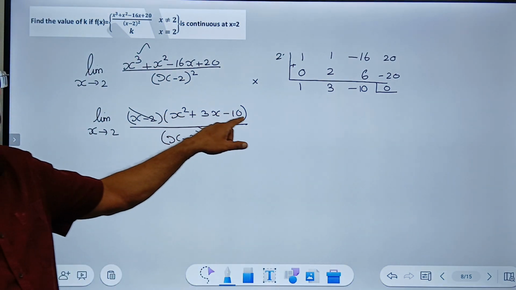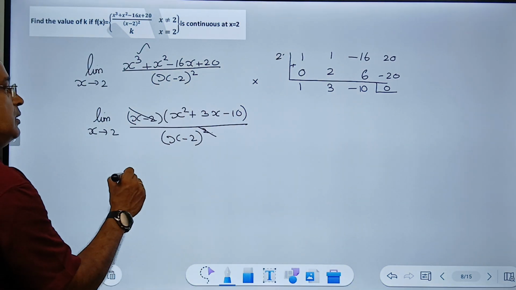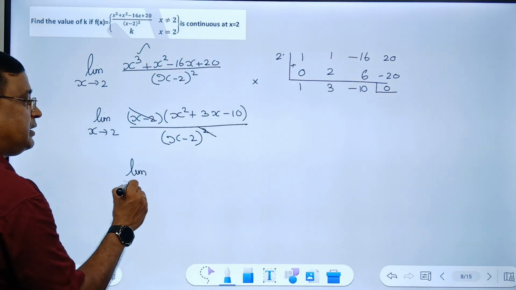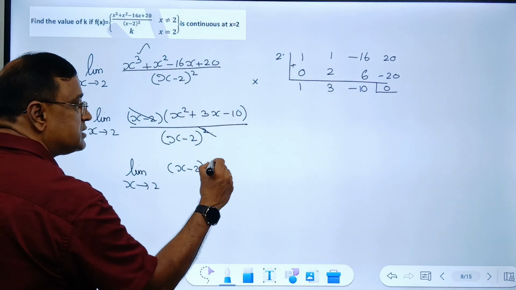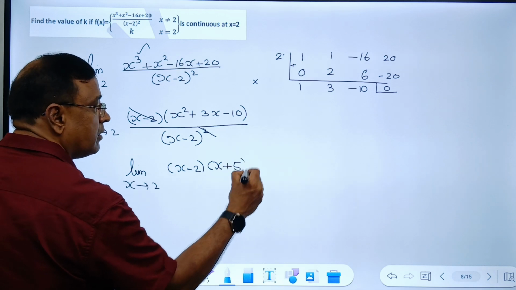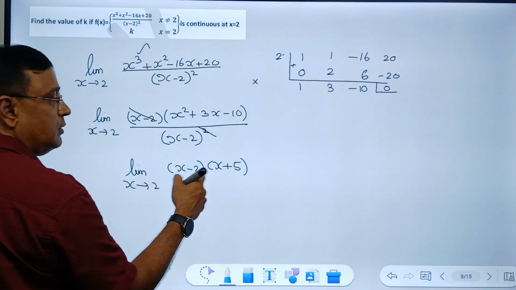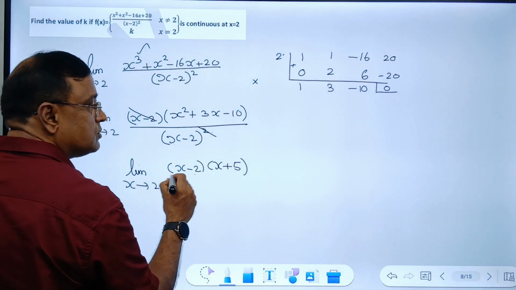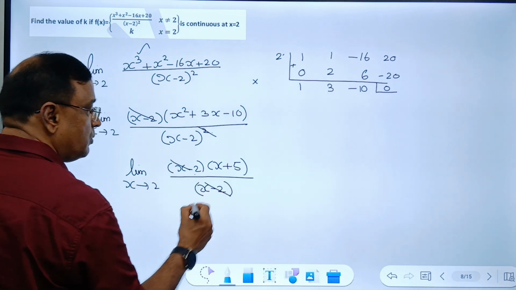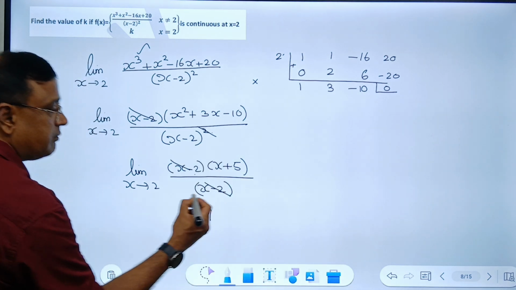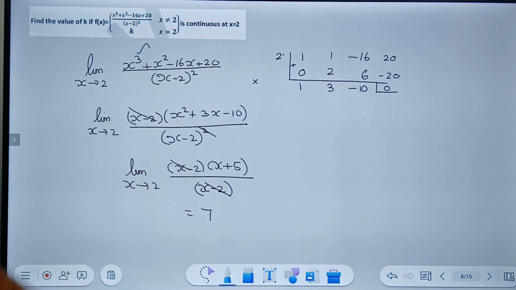But this is not a great thing because it's a quadratic equation. You know it can be factorized very easily. The factors are x minus 2 and x plus 5. Minus 2 into 5 is minus 10. So that's how I got it, splitting the middle term. Cancel it. What do you get? I get 7. So your limit is 7.